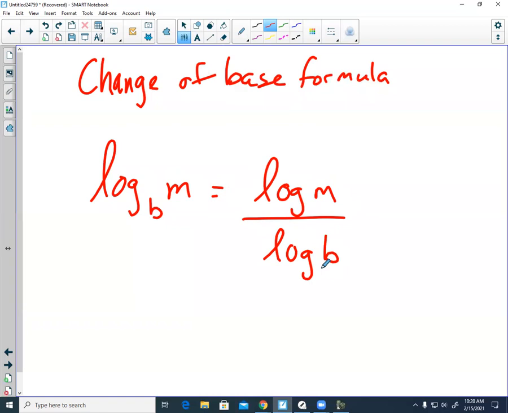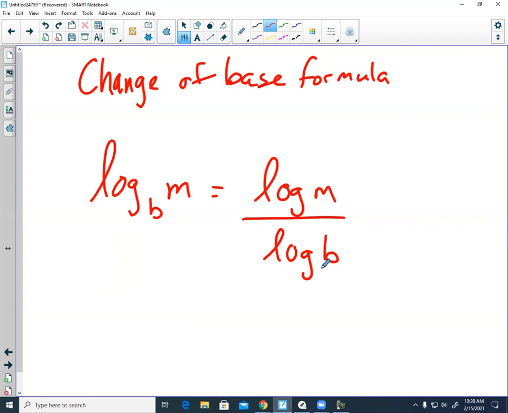I will also give you this formula on a test, because it's a bummer that some of you have it and some of you don't. Okay, so I will give you this formula on a test just in case. So log base b of m is equal to log m, and I just mean the log button on your calculator. So it's log base 10. So log base 10 of m divided by log base 10 of b, right?